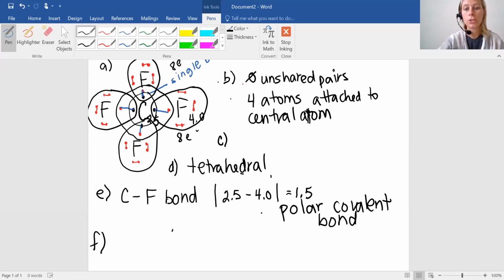So polar covalent bond. If it was falling at 0.4 or below, it was considered a non-polar bond, and that would be an equal sharing. So again, we only have carbon fluoride. If you have other bonds within this molecule, you would have to individually tell me the polarity or non-polarity of each of the bonds. Now let's look at the molecule. So that was just the bond.